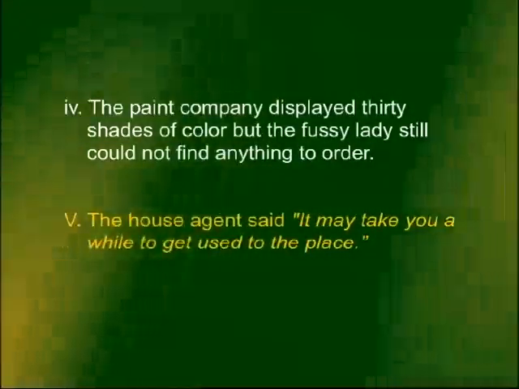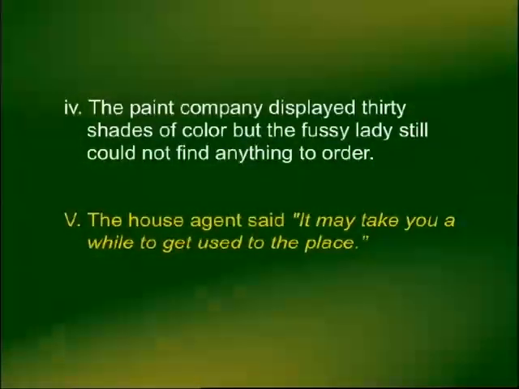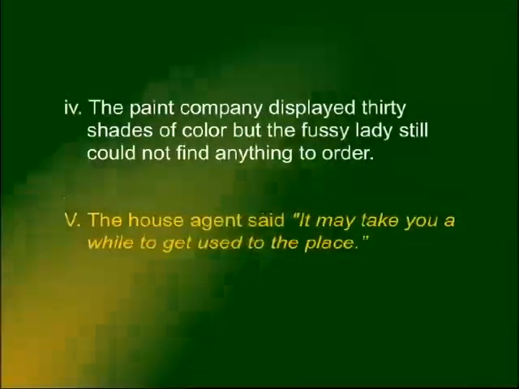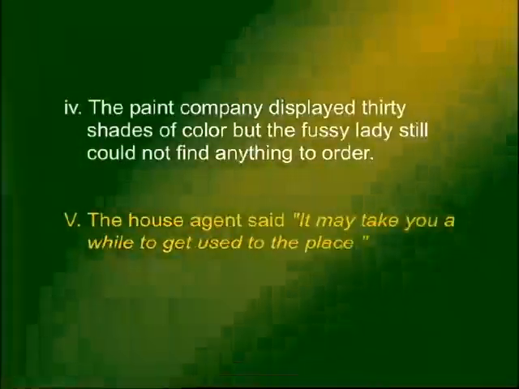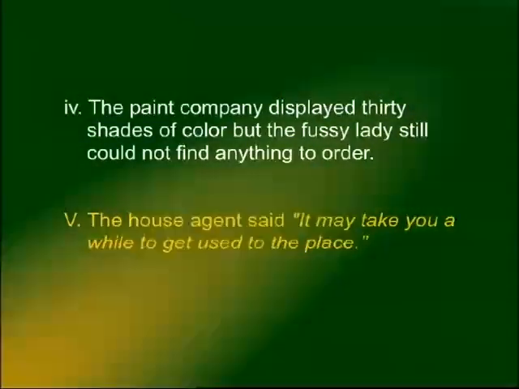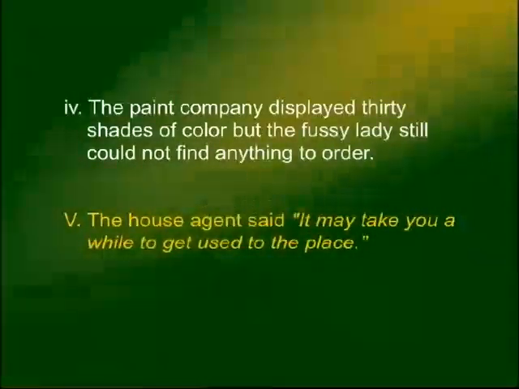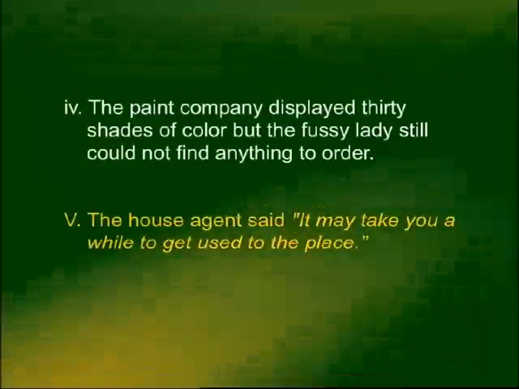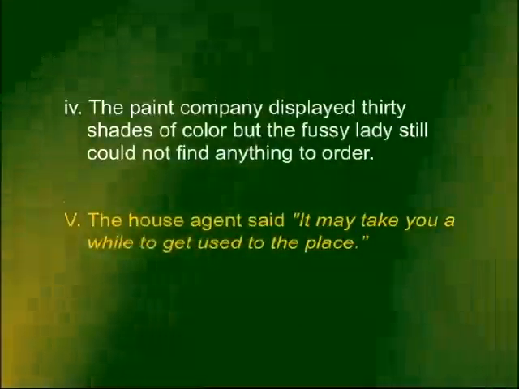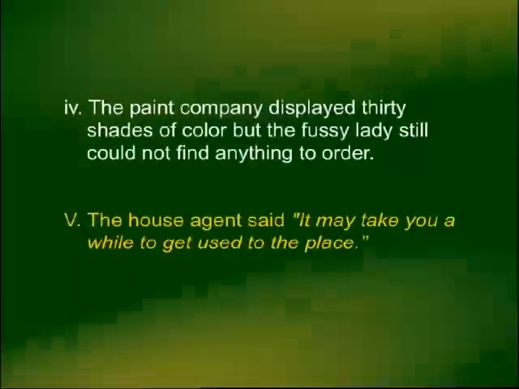The comma separates two complete thoughts which are connected by the conjunction, or joining word, but. So you will have the comma after the first complete thought. The paint company displayed 30 shades of color, comma, but the fussy lady still could not find anything to order.